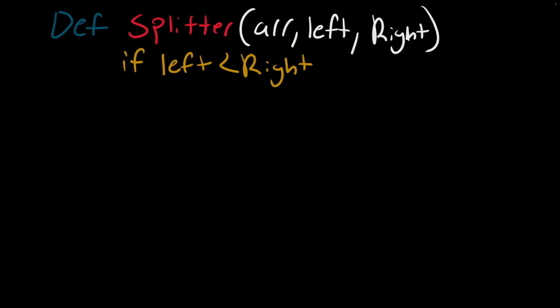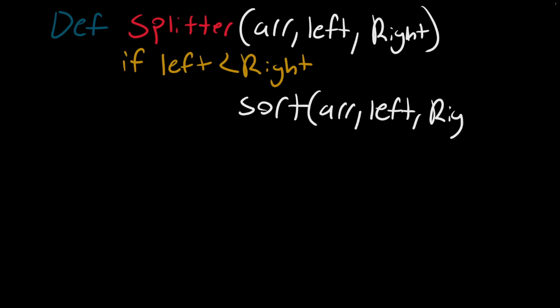And now what we're going to do first is run our sorting algorithm. We're going to run our sorts on the array with the left and the right. And we remember every time we sorted, we returned j.